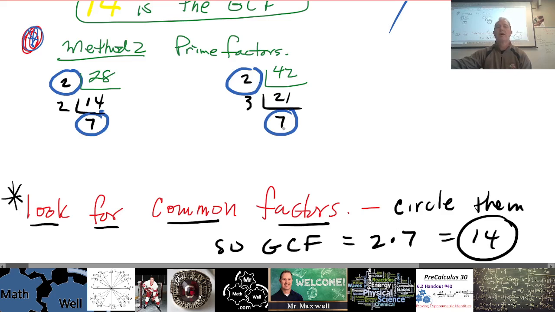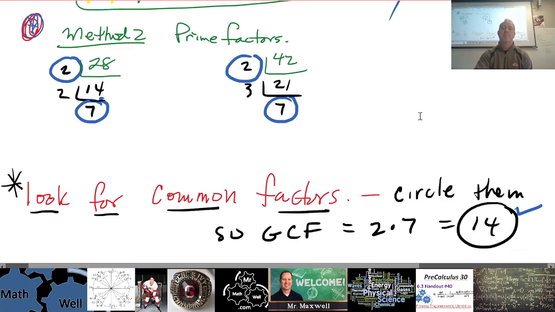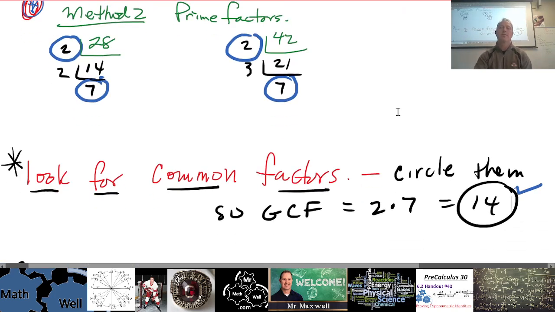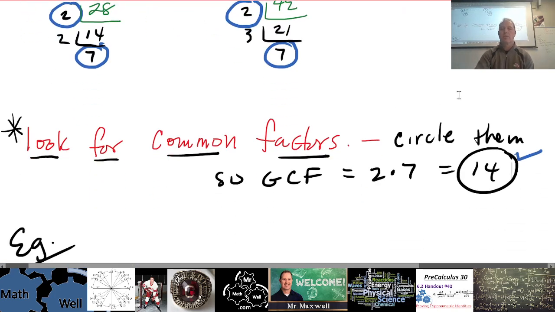The numbers that are common to both prime factor lists, you multiply those together and 14 is your common factor. That's not quite as intuitive as just listing the factors and looking for the biggest one that's the same, but this works really well too, especially if you already have prime factors, because they're useful for other things too.